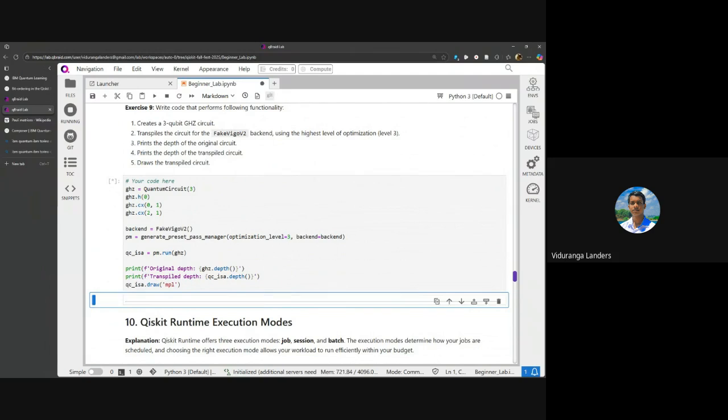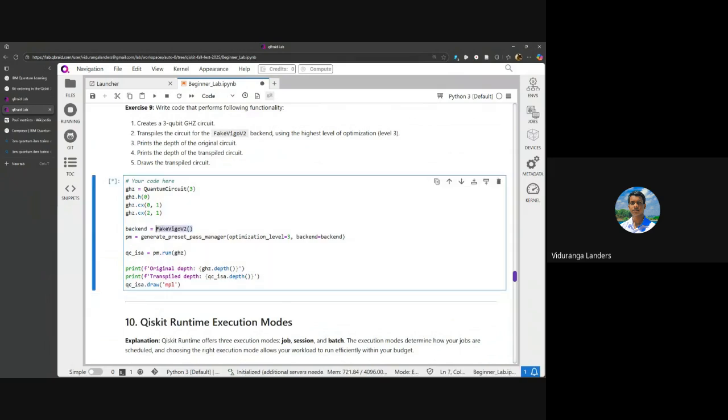So let's give it a bit of time, because it shouldn't take that much time, because the fake one should be built into this.